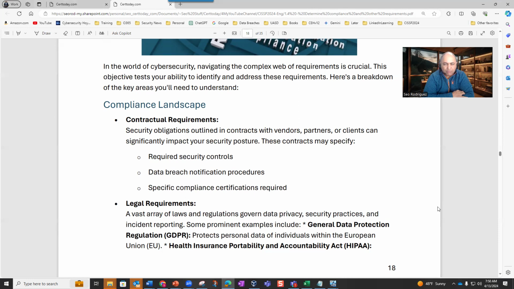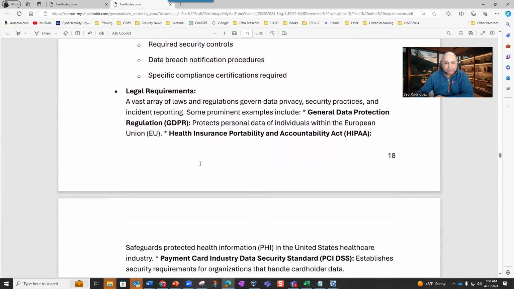So it's really important that any contractual requirements are carefully studied and reviewed, so that you don't get into a problem that could become a problem later on.